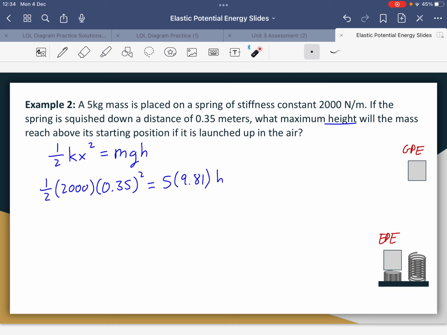I'm going to plug the left-hand side into my calculator and see what I get. So I'm getting 122.5 on the left-hand side.